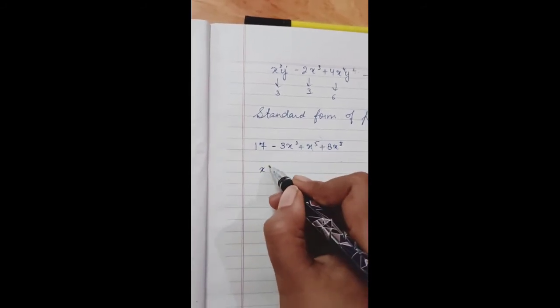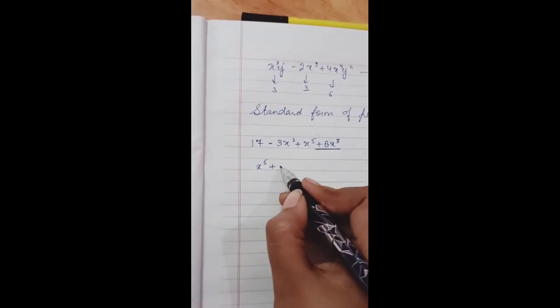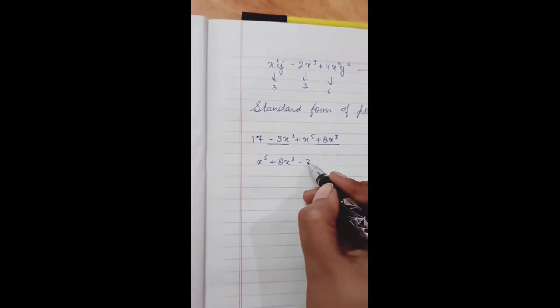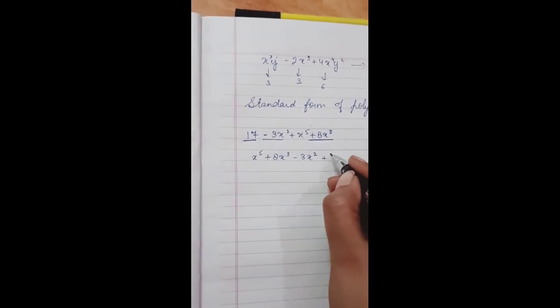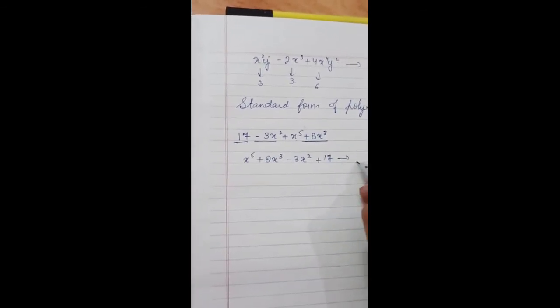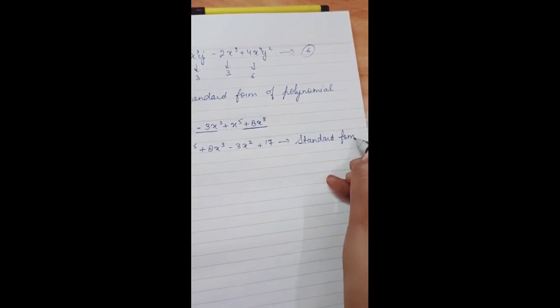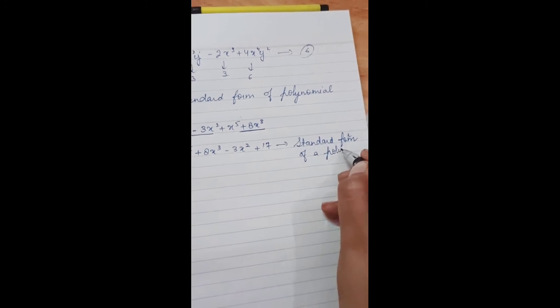Then we write plus 8x to the power 3, then minus 3x to the power 2, then plus 17. This is the standard form of a polynomial.